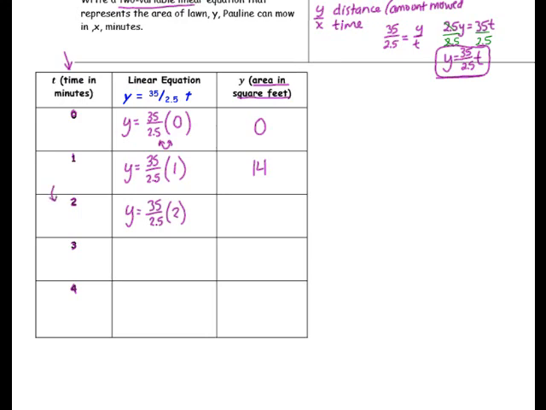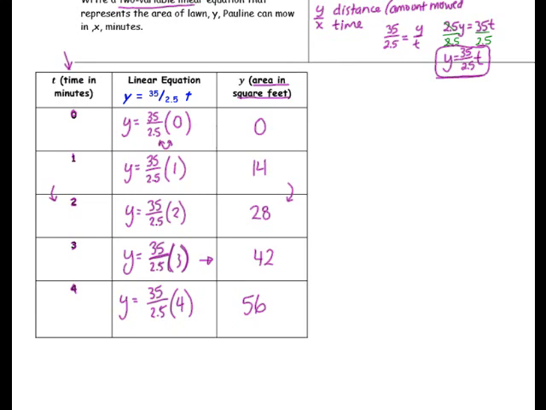If you double the minutes, you would expect to double the amount of lawn space, and that would be 28. Complete the table. Make sure that you practice this calculation and do not simply copy the answer so that you will know how to do it as well. This is 35 divided by 2.5 times 3, and that answer is 42, and the next answer is 56.